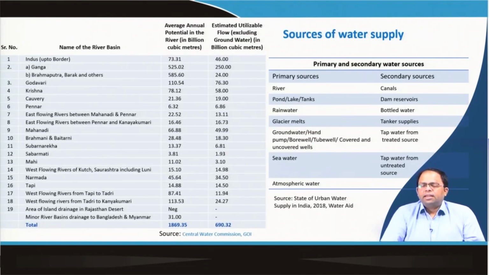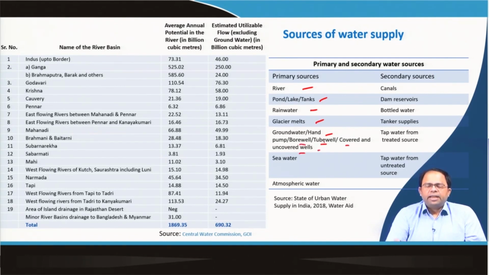Now, looking at the different sources of water supply in urban areas, there are both primary and secondary sources. For example, primary sources are rivers, ponds, lakes and tanks. It could be rainwater, glacier melts, and also groundwater: hand pumps, bore wells, tube wells, covered and uncovered wells.